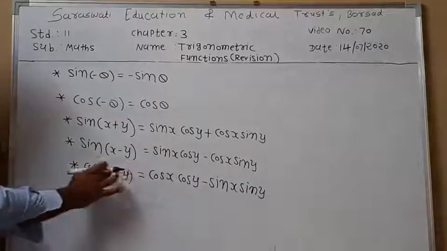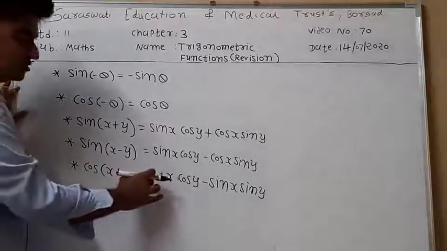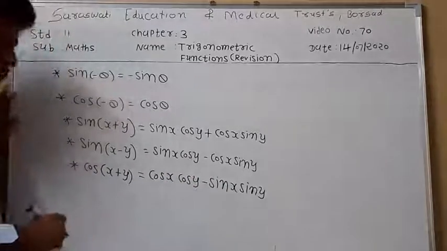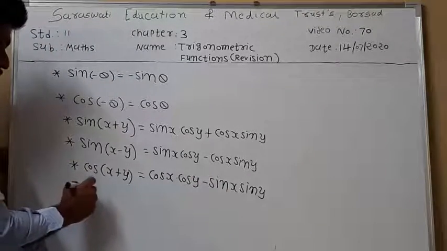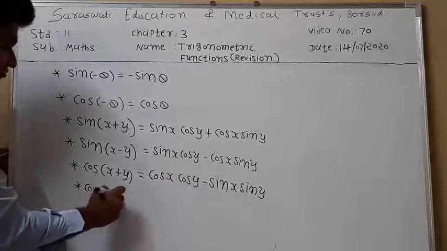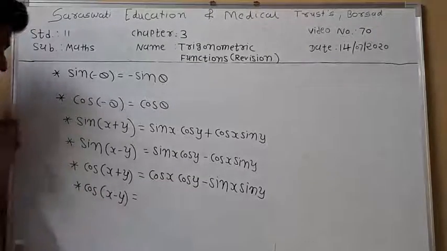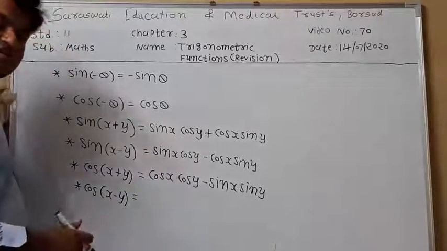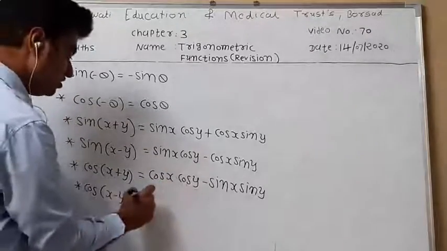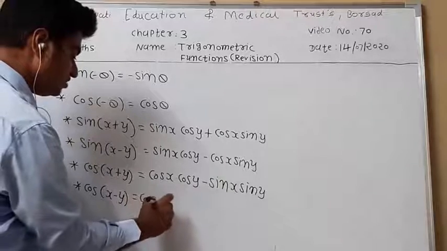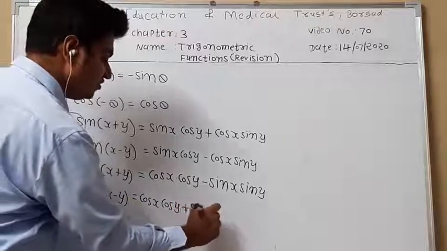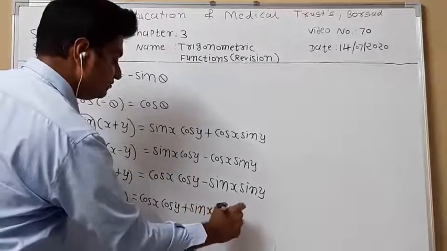So cos of (x plus y) is equal to cos x cos y minus sin x sin y. Now cos of (x minus y): here a minus sign is present, so in between we write plus sign and the same result applies: cos x into cos y plus sin x into sin y.